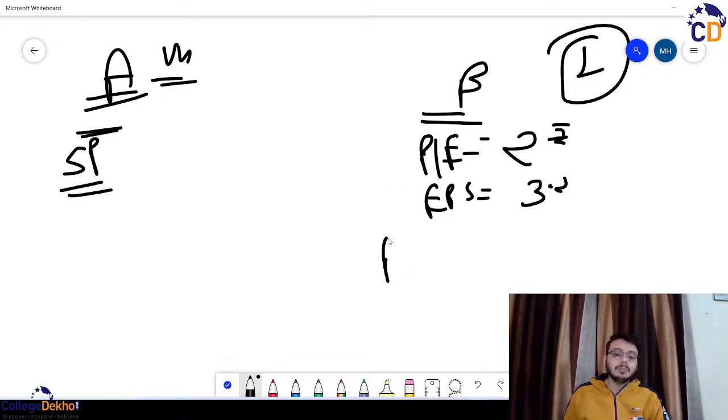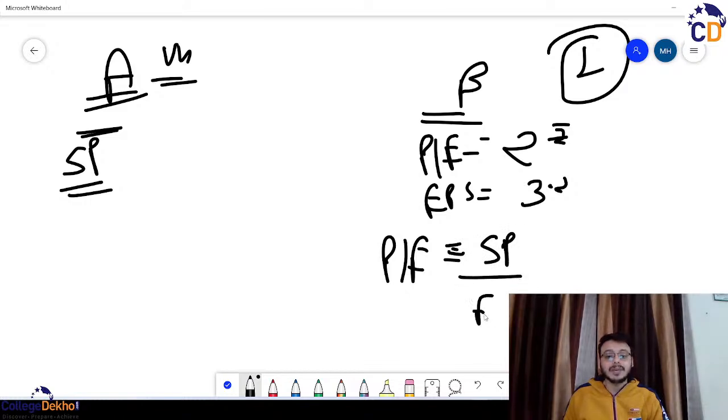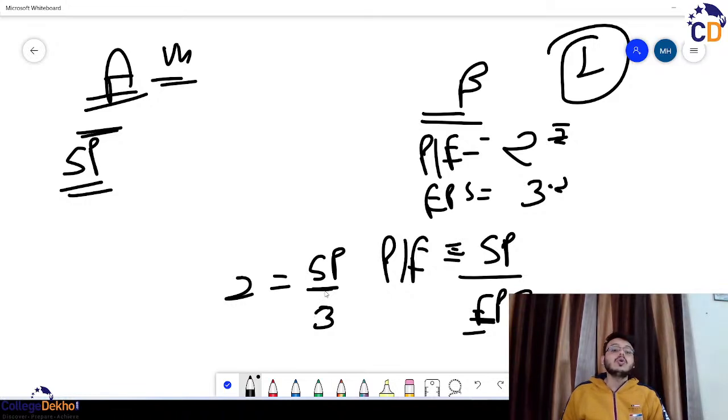What is your PE ratio? Your PE ratio is basically your share price divided by your EPS. P/E is given as 2, EPS is given as 3, and the share price we have to find out. So ideally the price of this company B should be 6.